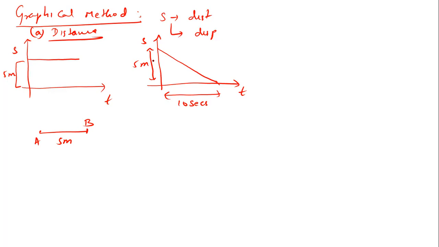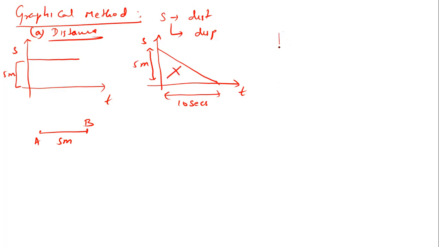My first question is, is this graph possible or not possible? Can the distance decrease with time if it is moving? Distance cannot decrease. So this graph is impossible.